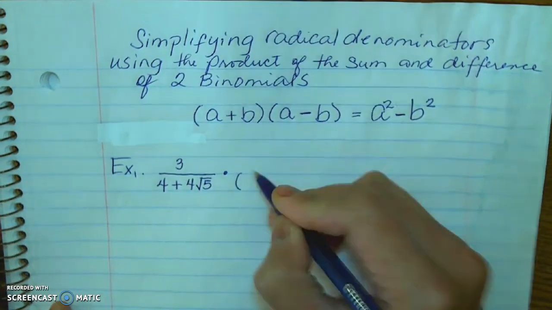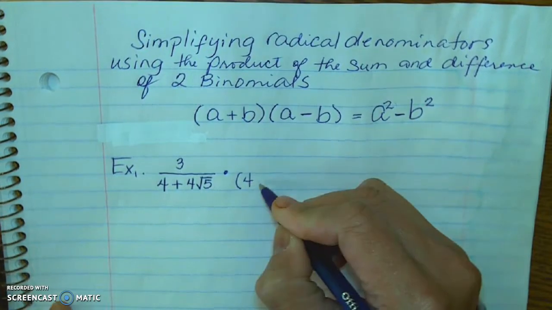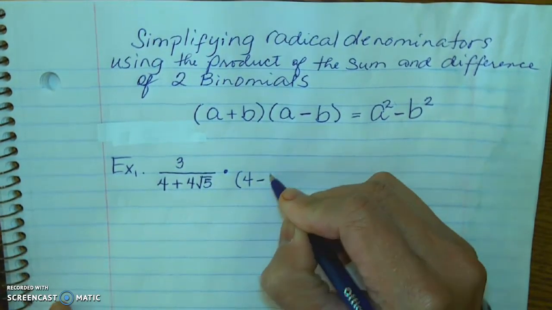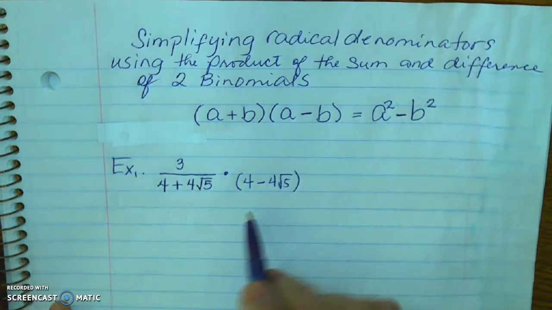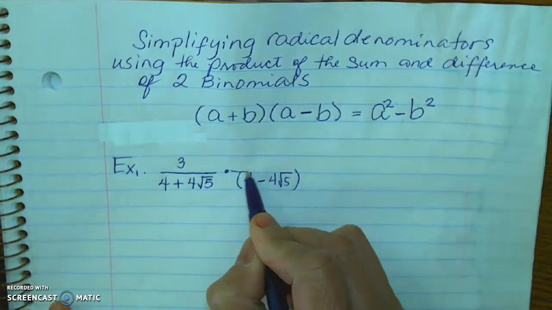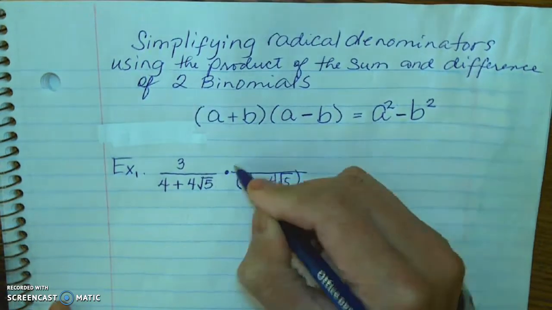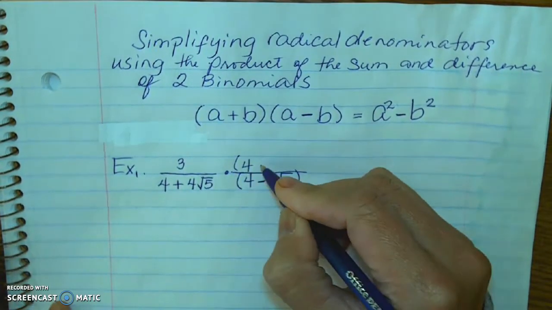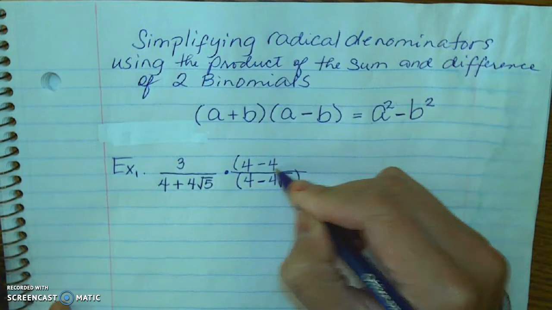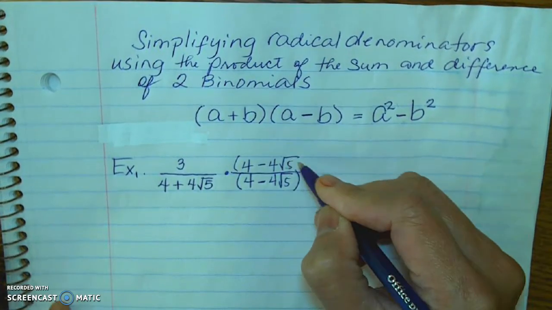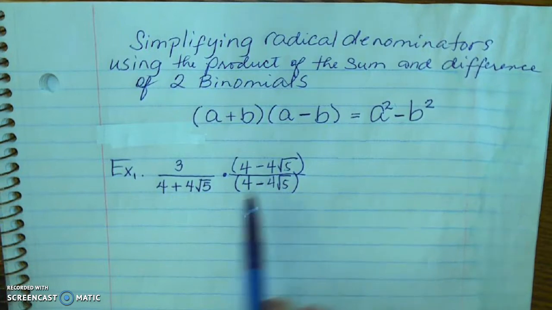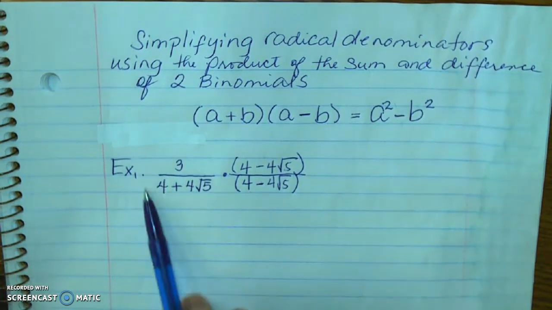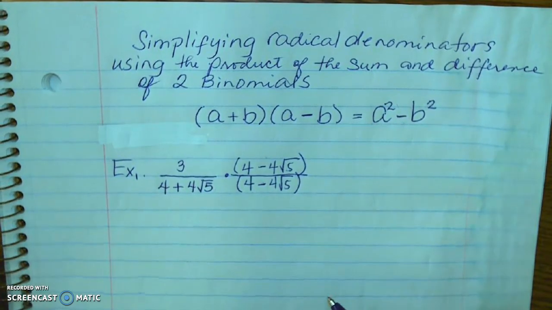So in the denominator, I'm going to use 4 minus 4 square root of 5. Whatever I do at the bottom, I need to do on top so as not to change the value. This is considered 1. Therefore, I'm not changing the value of the given algebraic expression.